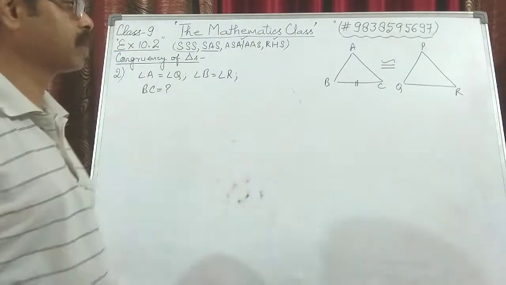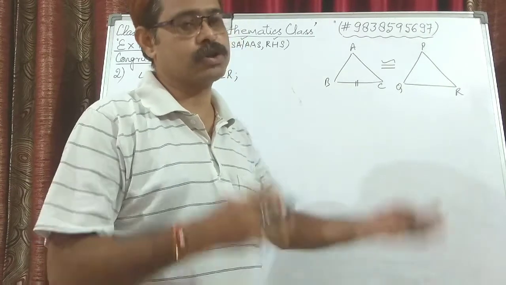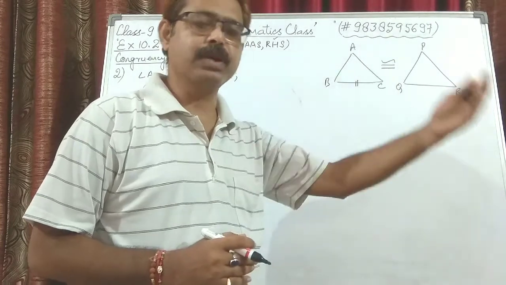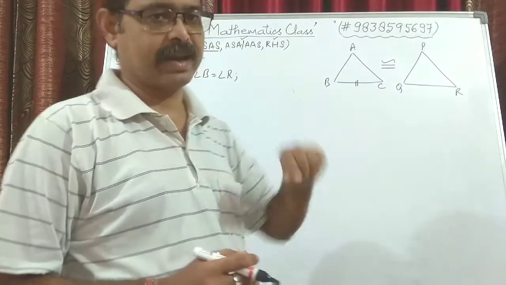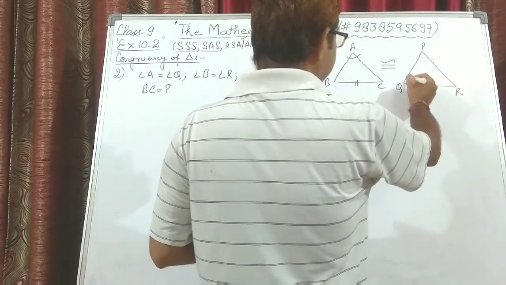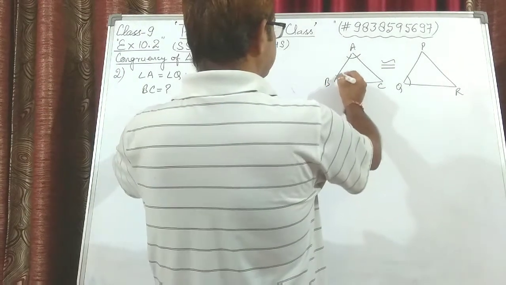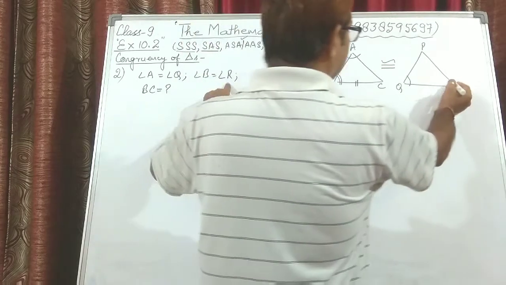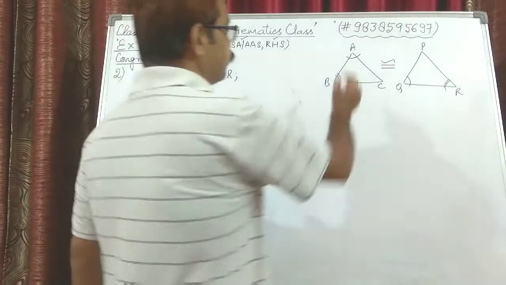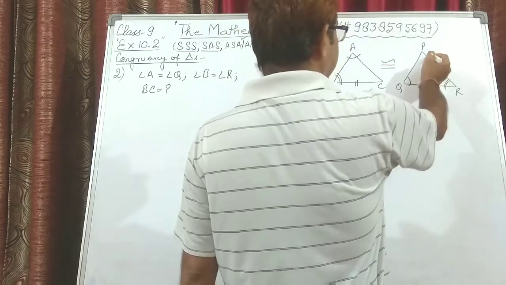We know that when two triangles are congruent, then corresponding elements, or corresponding angles and sides, of one triangle are equal to the corresponding elements of the other triangle. So angle A corresponds to angle Q. You can see in the diagram. Angle B corresponds to angle R. I have made two lines. Now BC: first angle, second angle and then third side.